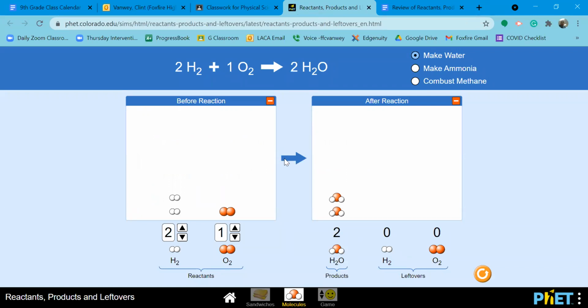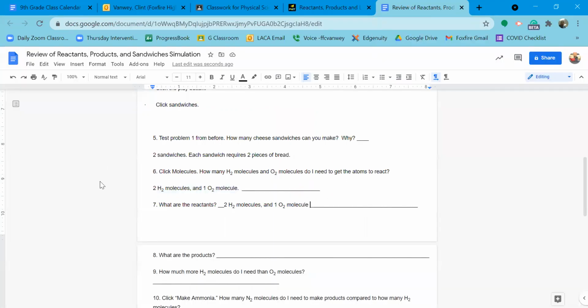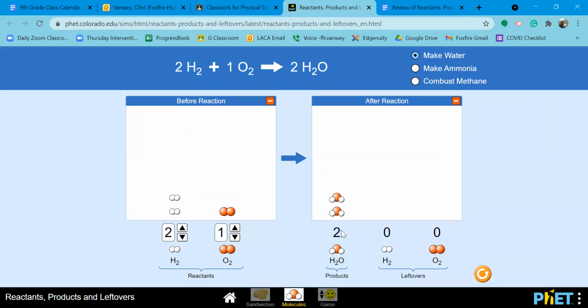They happen after the reaction, on this side of the arrow, we'll just call it the yield sign. What are the products? 2 H2O. Right here is 2 H2O. 2 H2 plus 1 O2 yields 2 H2O.